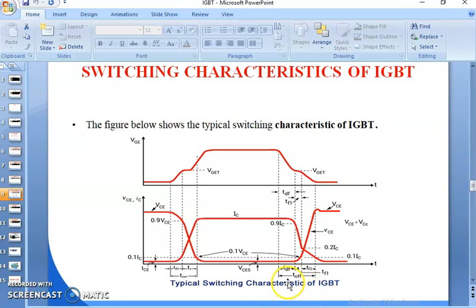TDF is known as turn off delay time, TF as falling time, TDN as turn on delay time, TR as your rise time. So TON plus TOFF is equal to T, the total time taken to complete the IGBT switching characteristics from on process to off process.